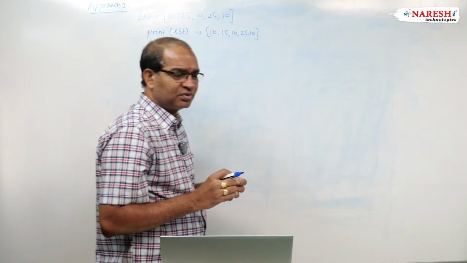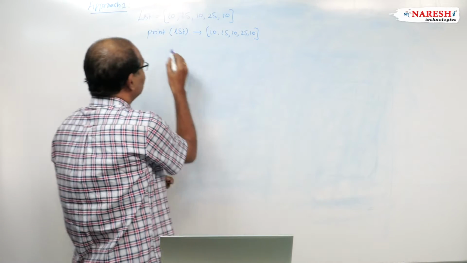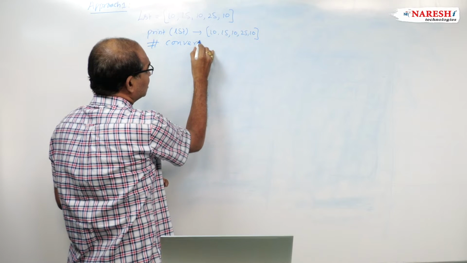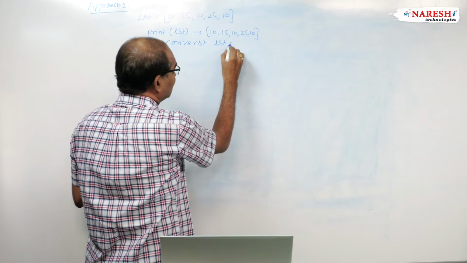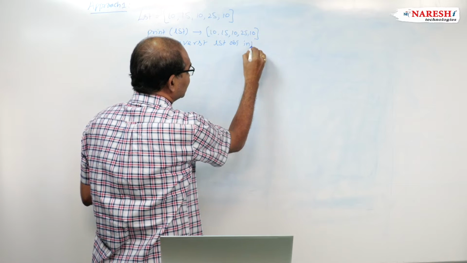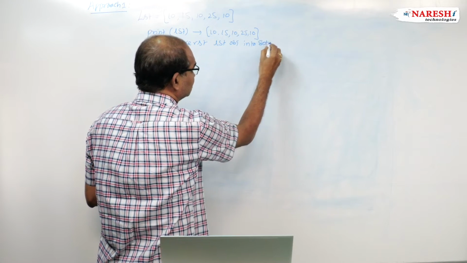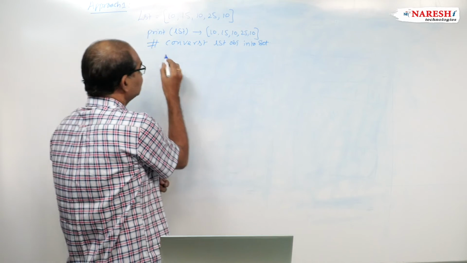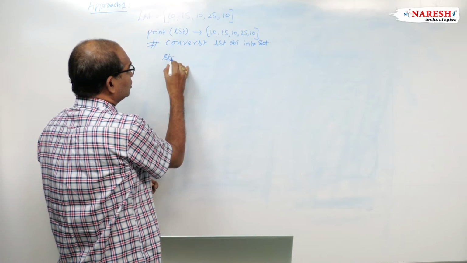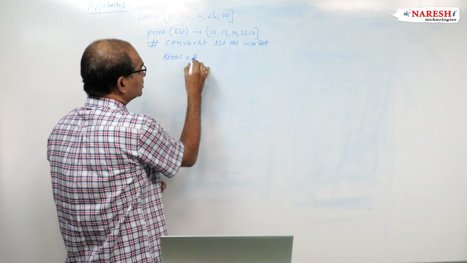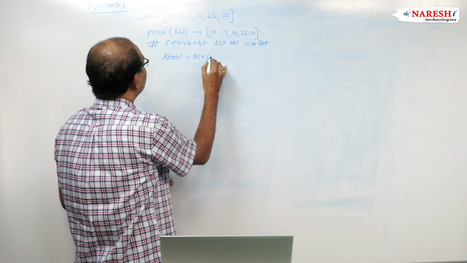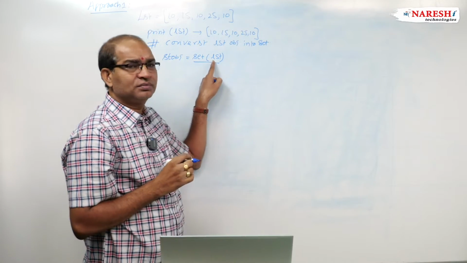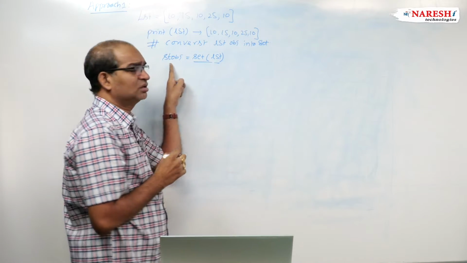To avoid this type of duplicates, convert the LST object into a set by using the set function. So I will write setobj is equal to set of LST. The set function converts the LST into a set object.